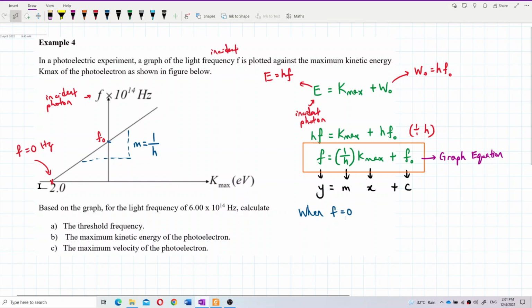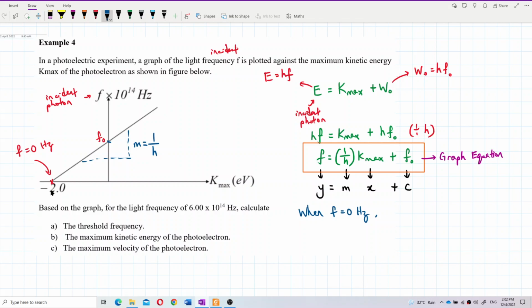So what is the Kmax? When y is 0, 0 Hertz. Now let's substitute.